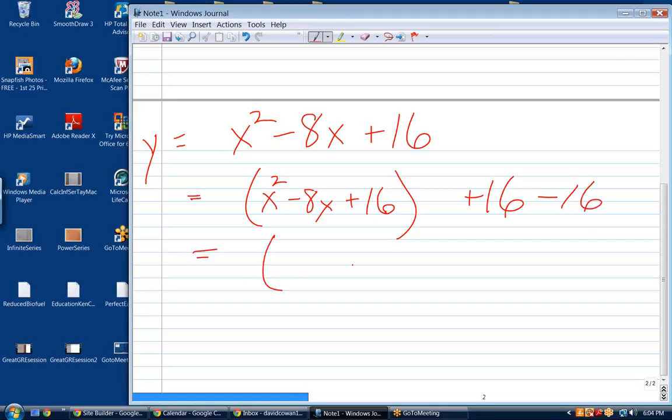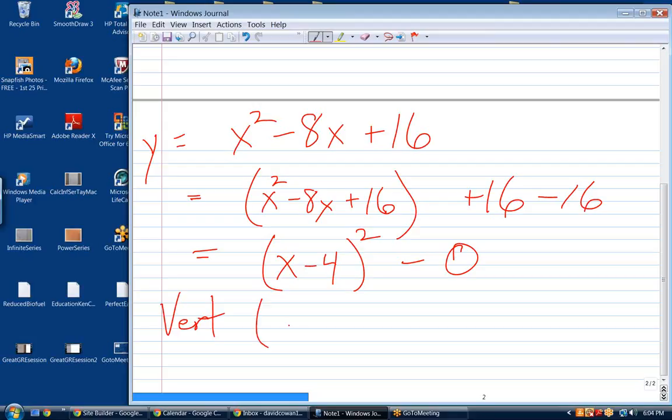Yeah. So now how can I write this? Then that's usually just a perfect square, right? So it's probably just x minus 4, squared. It's always a perfect square. That's the whole reason we complete the square, to make that into a perfect square. So, what is your vertex?